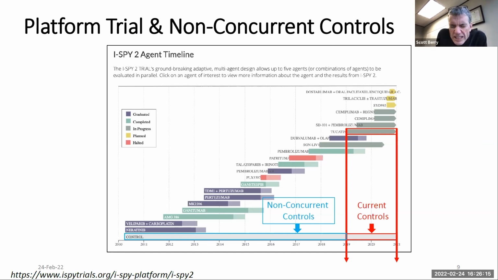There's a general sort of demonstrating that non-concurrent controls are this separate, disjoint set of historical data that might be from a similar population or not. This shows, within a platform trial, the non-concurrent control. So this shows an example of a particular active treatment arm where we do have concurrent controls to that active arm.